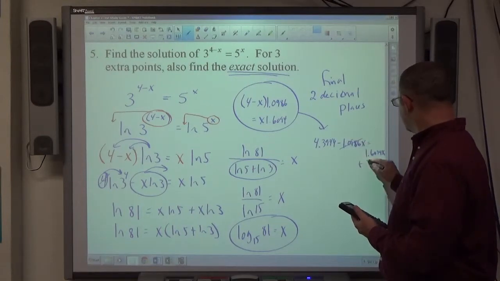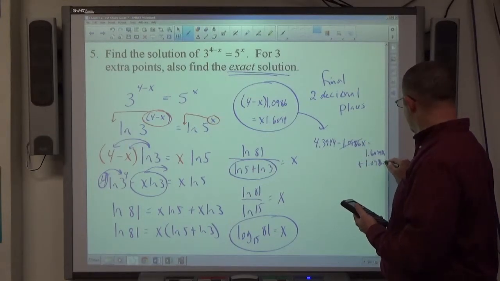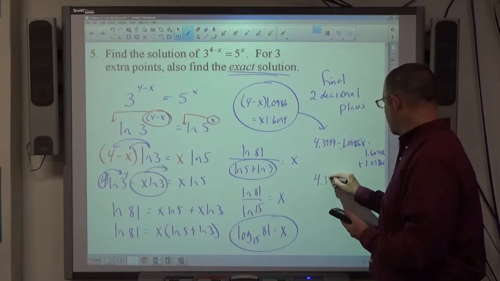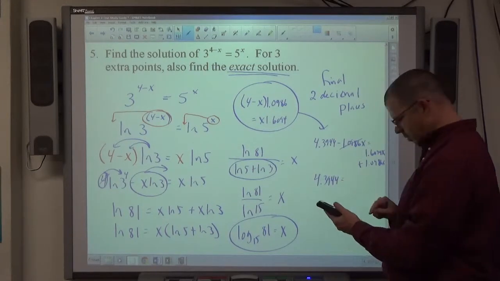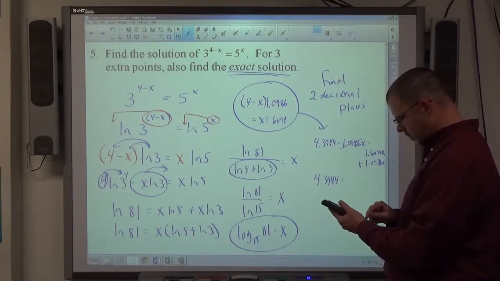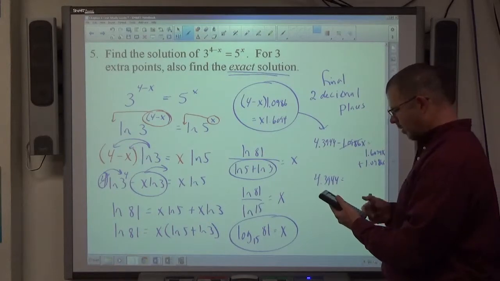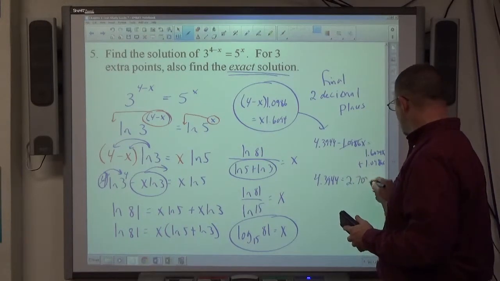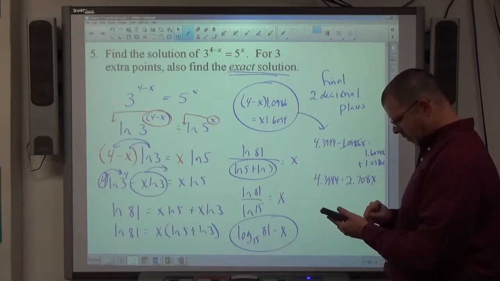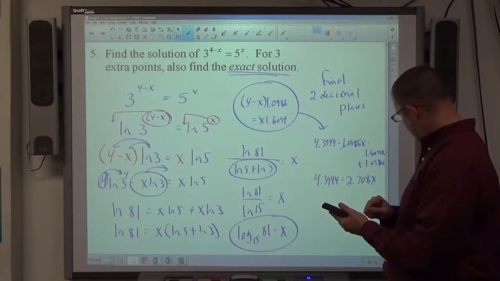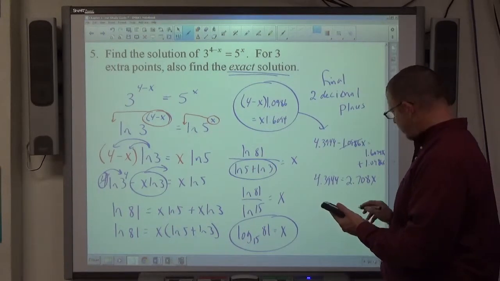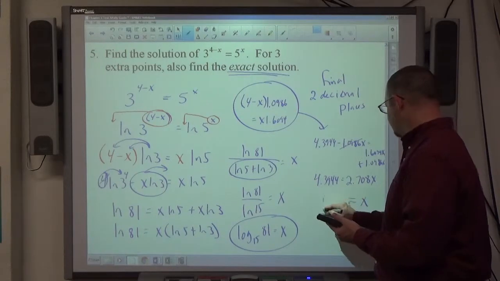Move that over here. That gets me 4.3944 is equal to 1.6094 plus 1.0986, which comes out to 2.708 x. Divide 4.3944 by 2.708. We get x is approximately 1.62.